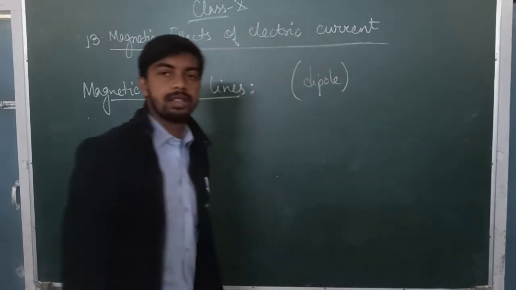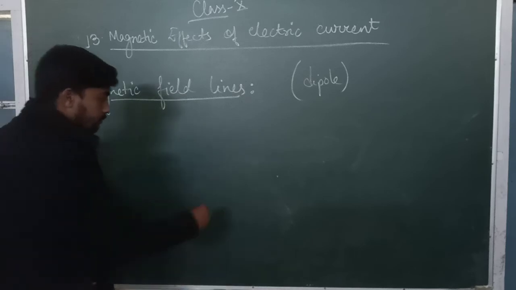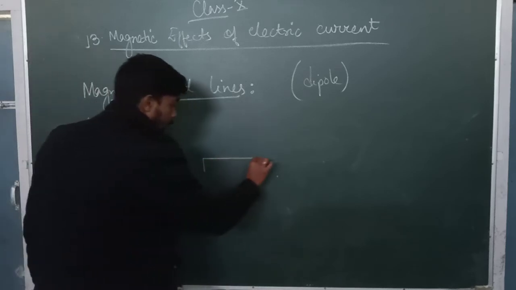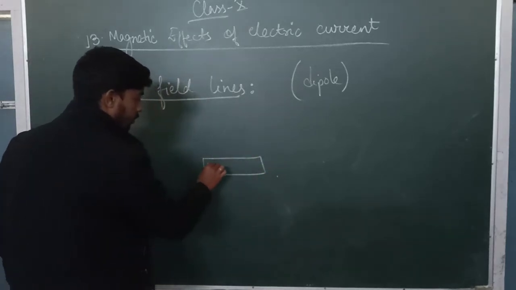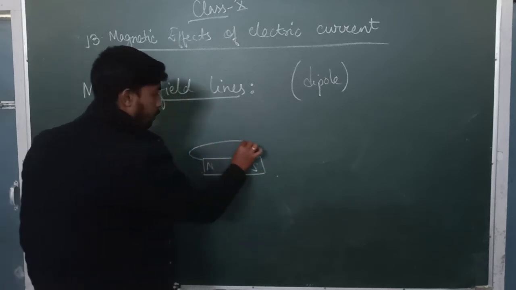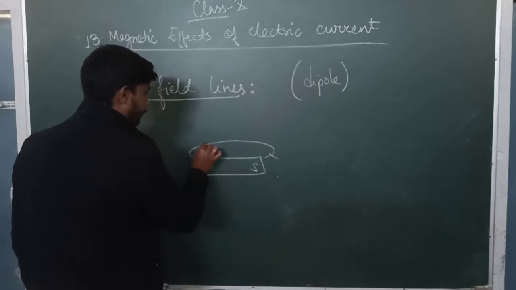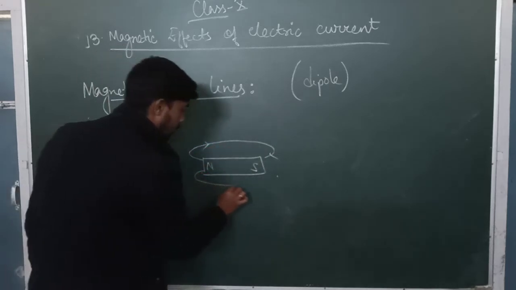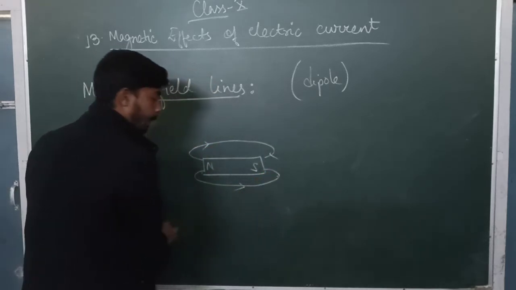Now one very important thing to discuss. For example, from a magnet, some field lines are coming out from the north pole and moving to the south pole. Like this they are moving.